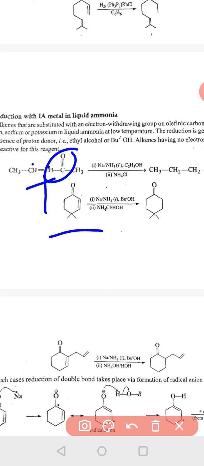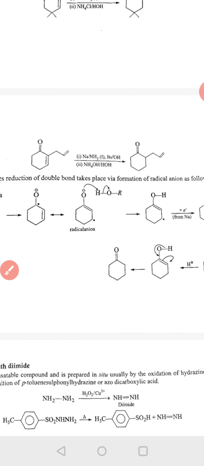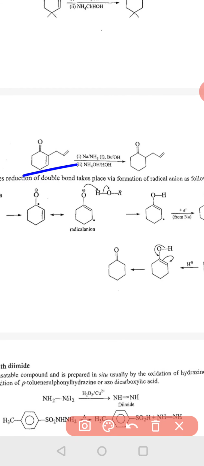This is another example. Here again the C=O group is attached to the carbon which has the olefinic double bond, and we carry out reduction using sodium dissolved in ethanol in the presence of liquid ammonia. This is another example for this.